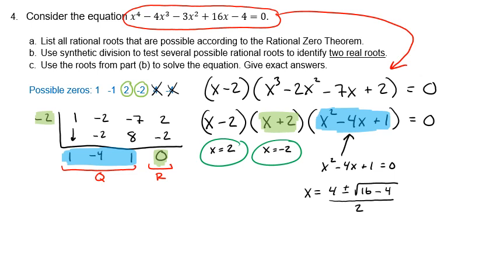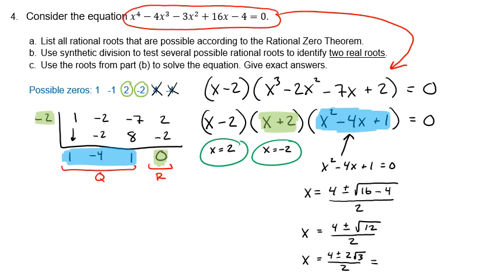We should be done. So we've got 4 plus or minus the square root. 16 minus 4 is 12. The square root of 12. Well, 12 is 4 times 3. The square root of 4 is 2. We still got a 3 under the square root divided by 2. And we can simplify this.